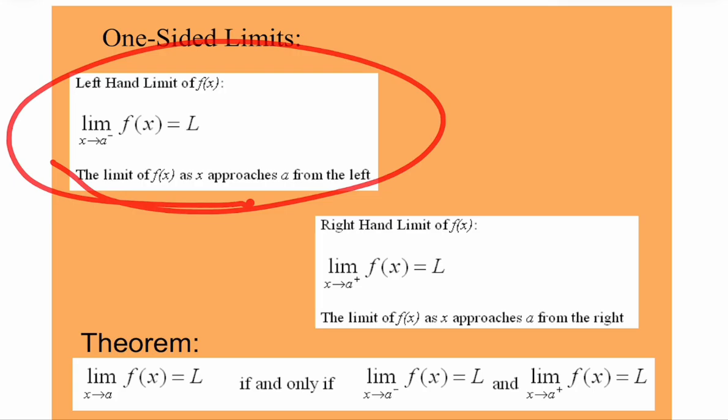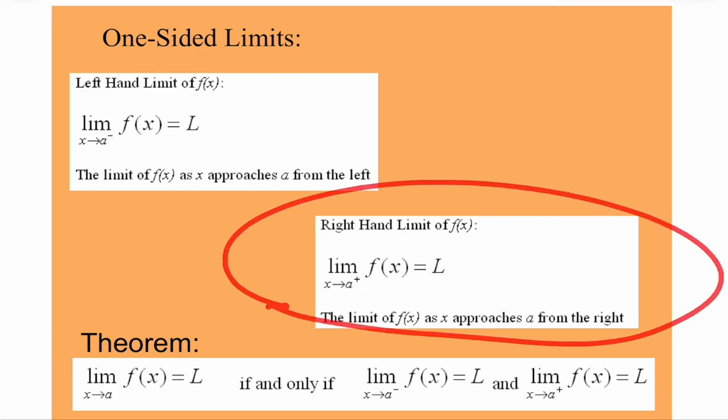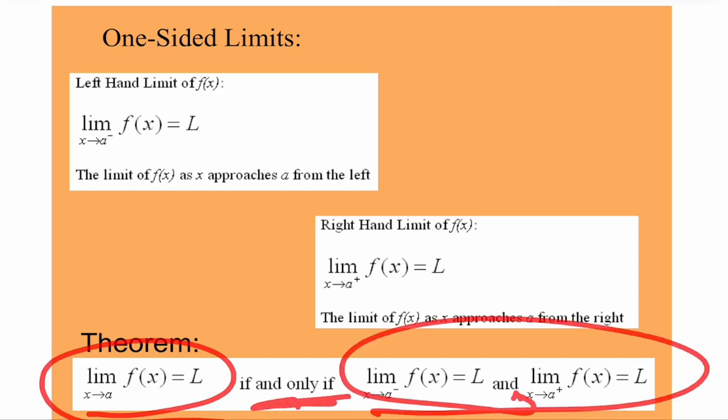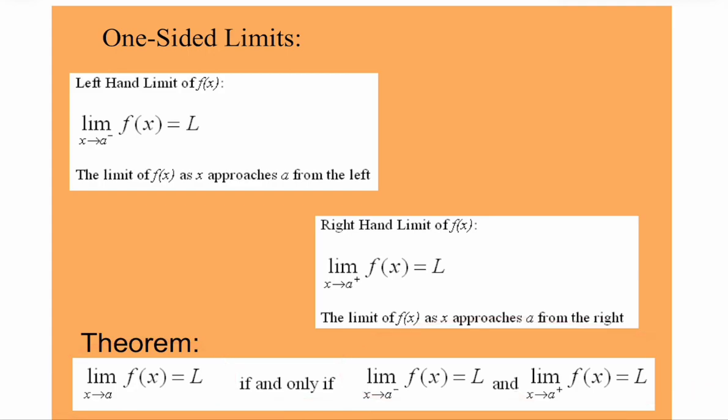This is the left-hand limit, like I told you. The negative notation means we're coming in from the left. The positive notation means we're coming in from the right. And the limit exists if and only if both the left and the right match. The limit will equal L as we approach A only if both the left-hand side and the right-hand side match.